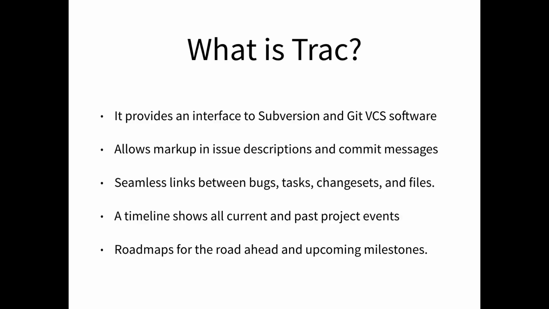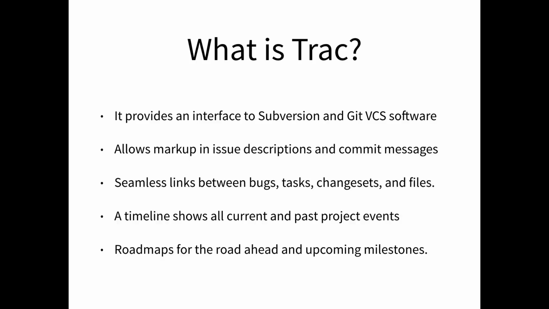It allows us to use a form of wiki markup so that we can cross-link descriptions, commit messages, and issues, and link all of that together so that we can track it, follow it, and have a nice little view of the world of the WordPress code base. It gives us a timeline of everything that happens, including a roadmap so that we can plan ahead and scope out what will come in each release.